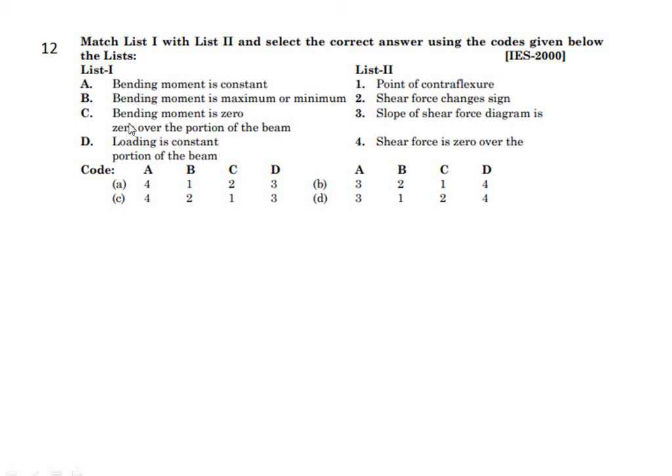So let's go over to the next. Bending moment is 0. If the bending moment is 0 at that point, there may be a chance that a point of contraflexure occurs, right?